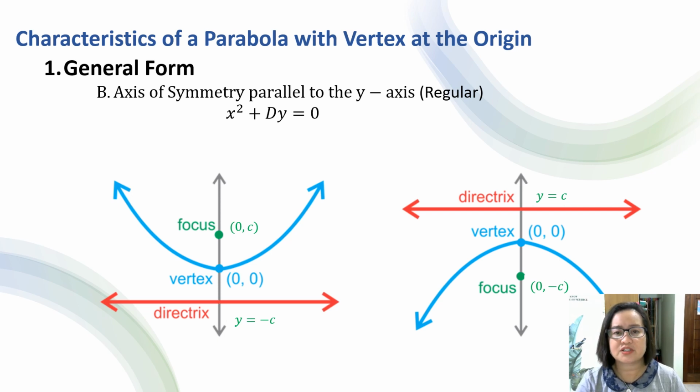For a parabola that opens upward, the focus is at (0, c), while the equation of the directrix is y equals -c. For a parabola that opens downward, the focus is at (0, -c), while the directrix is given by the equation y equals c.